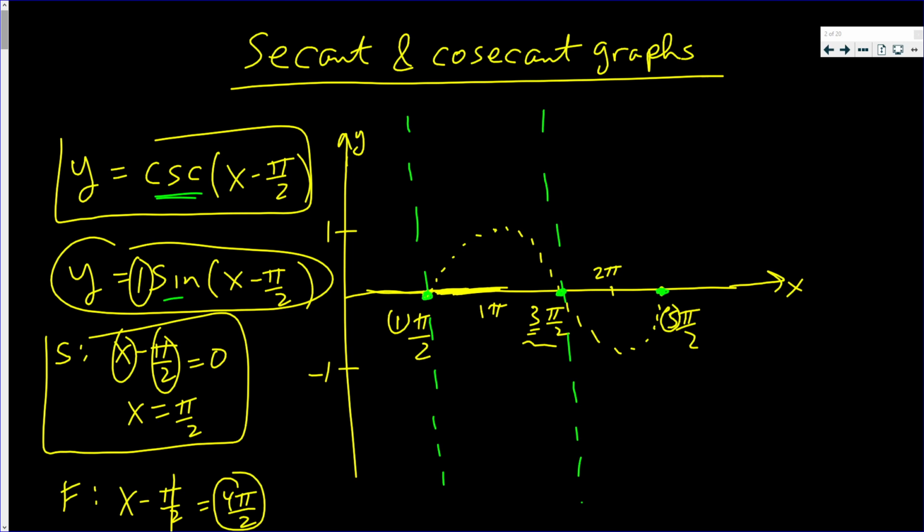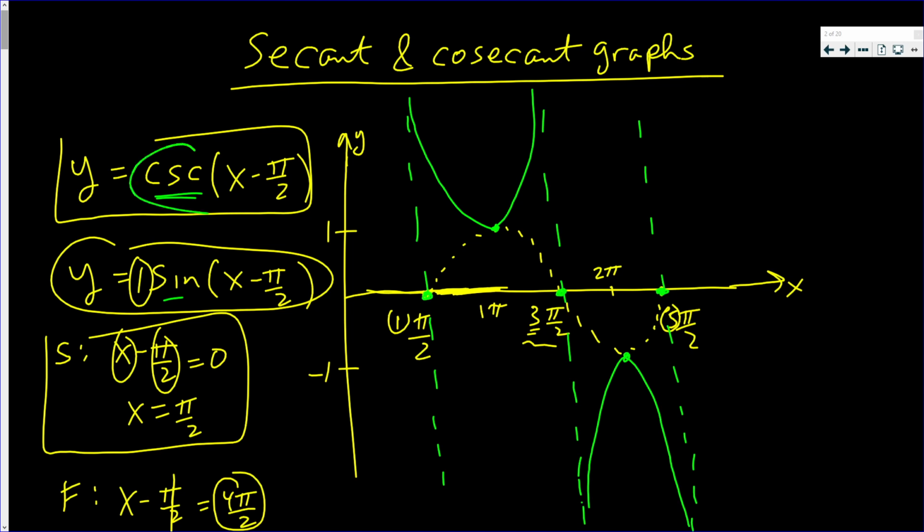Wherever the reciprocal, whether it's sine or cosine, equals 0, you draw a vertical asymptote. And then you go from the high point and you go like this, getting closer and closer to those vertical asymptotes. You go to this low point and you go like this, getting closer and closer to the vertical asymptote. What is in green is one period of this cosecant graph.